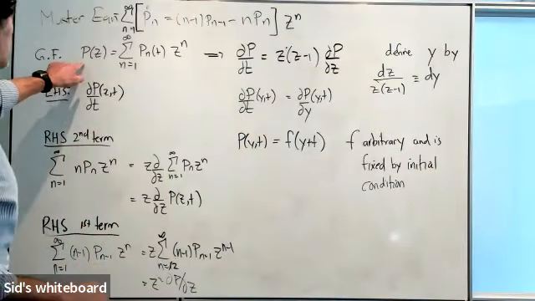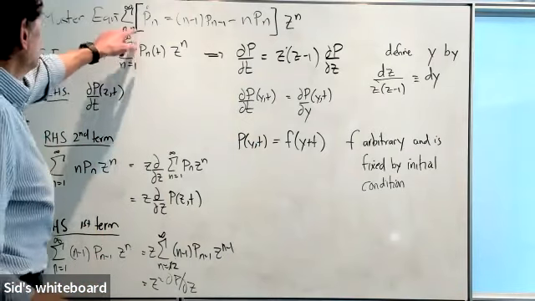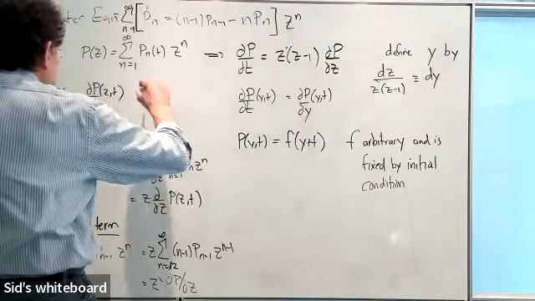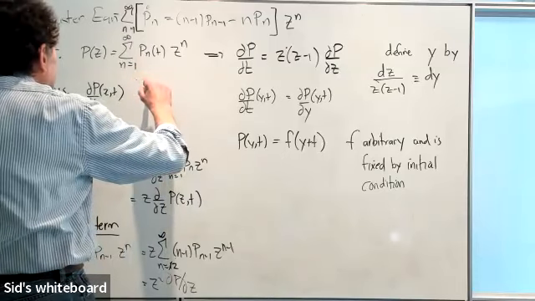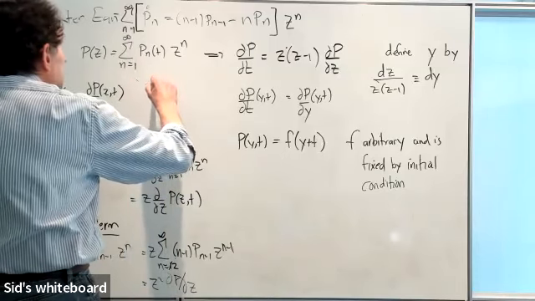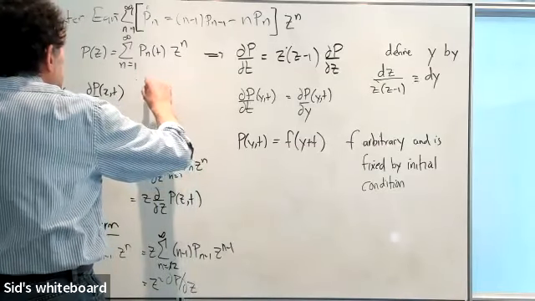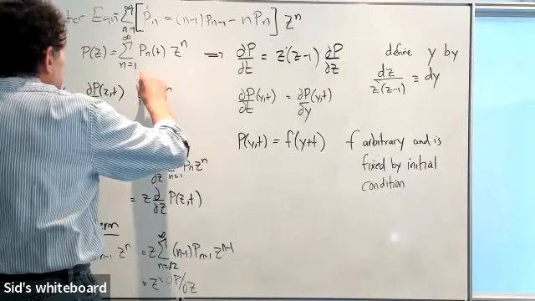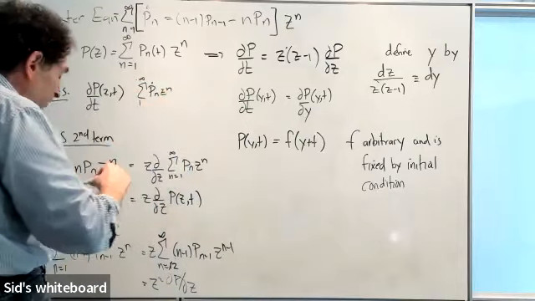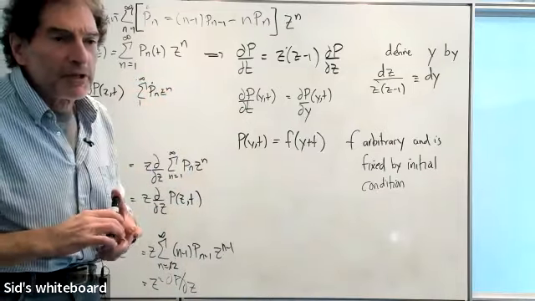No, I did. So let me maybe do one little step here. We had here P_n dot z to the power n, summation from 1 to infinity, which is just the time derivative of the generating function. So you're saying, why do I not have an n there?